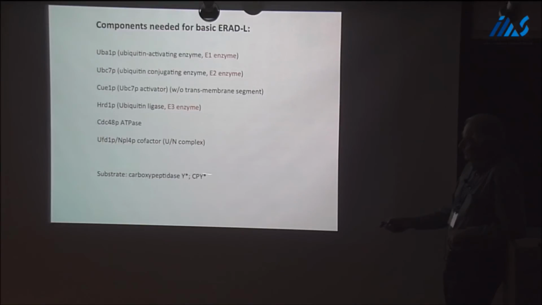And then finally, you also need to purify the substrate. We're using a classical substrate, carboxypeptidase Y star, or CPY star, that has a point mutant in the polypeptide chain, and that single mutation renders the polypeptide chain unfolded or misfolded, and so therefore it becomes a substrate for ERAD.